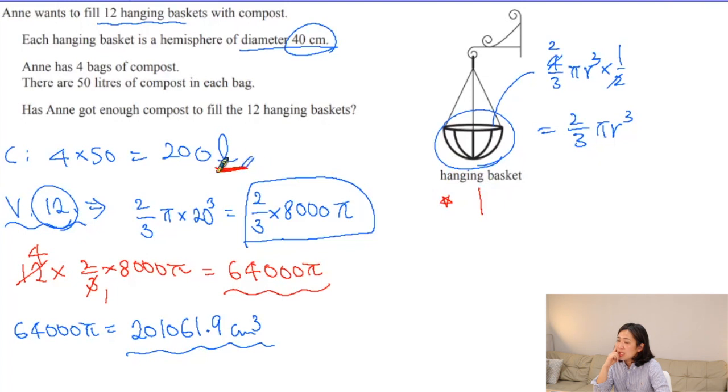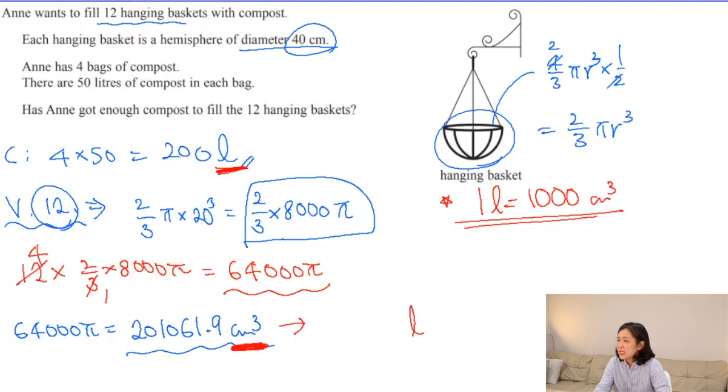Your compost is in liters, while your hanging basket is in cubic centimeters. We all know that 1 milliliter is 1 cubic centimeter. But since this is a liter, 1 liter will be 1,000 cubic centimeters.